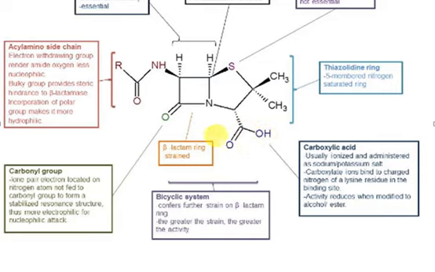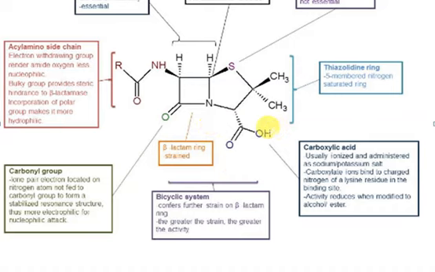The presence of this carboxylic group is very important, and it is normally in the form of a salt. Why is it in the form of a salt? Because this charged carboxylate ion binds to the binding site, specifically to the nitrogen of lysine in the binding site of its enzyme.